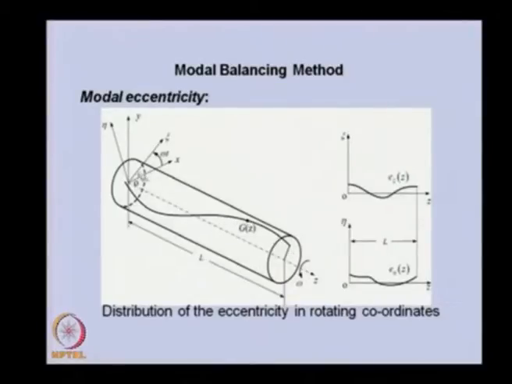This has been exaggerated, but the shape we would like to highlight is that if we take one particular slice of the rotor here, the center of gravity is changing not only in radial position, but also in orientation as we go along the length of the shaft.